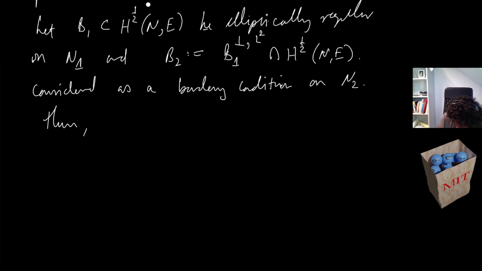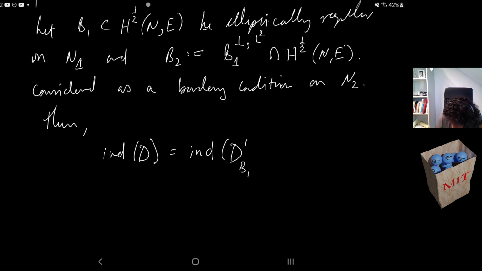Then the index of the operator D, which we know has an index, because D and the formal adjoint of D we are assuming are coercive at infinity. So they certainly have an index because the original manifold M is without boundary. So then this is equal to the index of D prime with B1 plus B2.